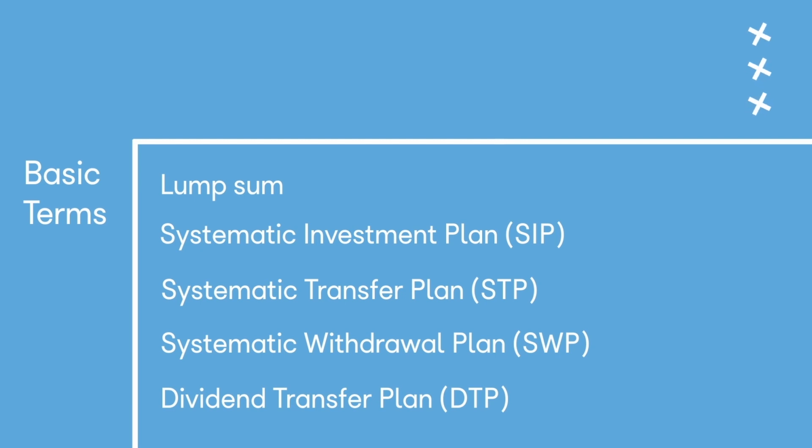Again, the frequency can be weekly, fortnightly, monthly, quarterly as well. However, in this case, keep in mind the exit load and the taxation according to your own personal portfolio. DTP, or the Dividend Transfer Plan. It is a unique investment strategy in which dividend earned from one scheme is invested into another mutual fund scheme.